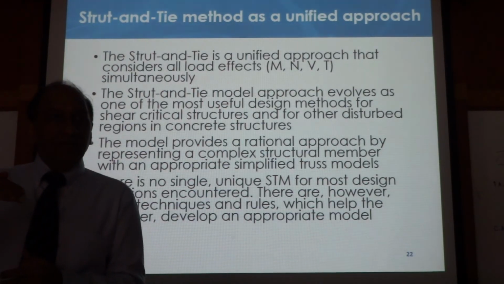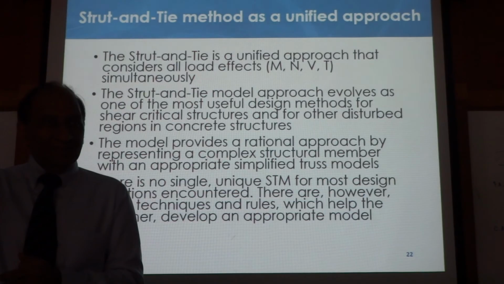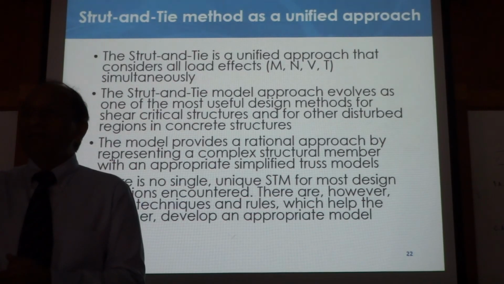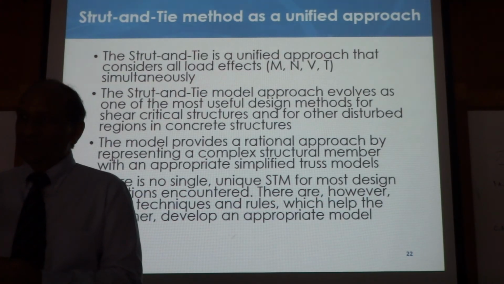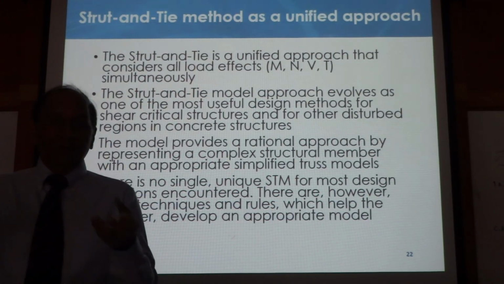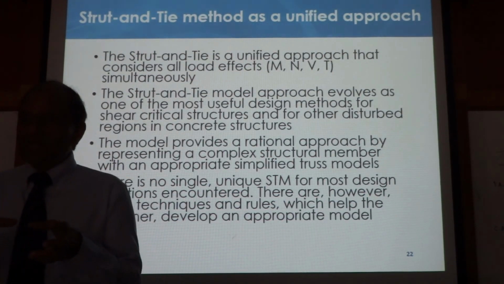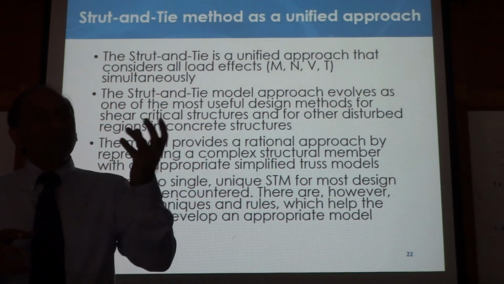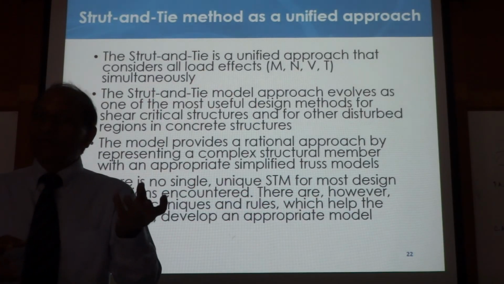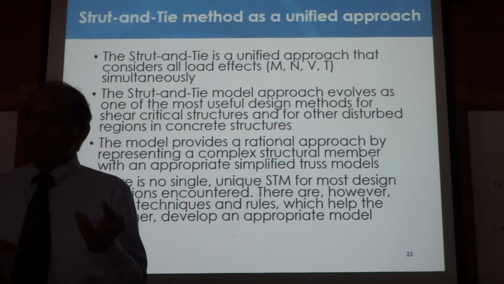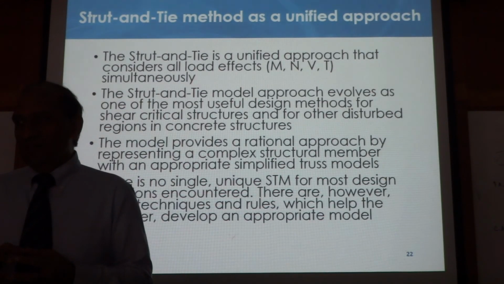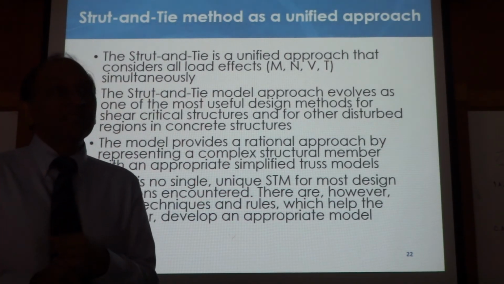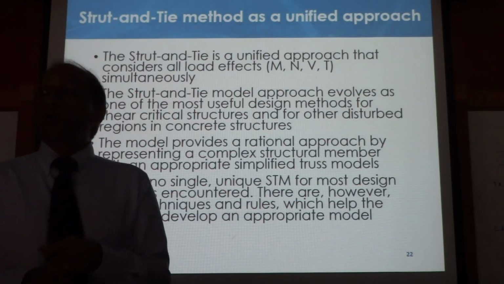Actual capacity will always be more than this capacity. Why? Because concrete does take some tension. So that tension capacity of the concrete will be added as an extra factor of safety for us. We are saying that we are ignoring all the concrete in tension, but actually the concrete is still there, so it's going to take some forces. That means this assumption that we are making is a lower bound safe solution. We cannot go wrong with this.